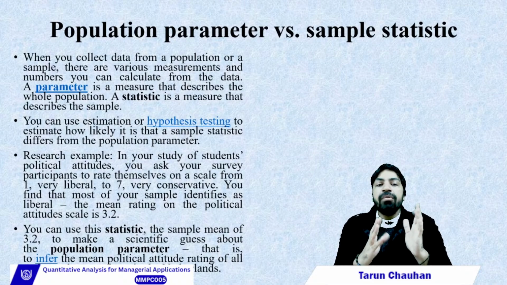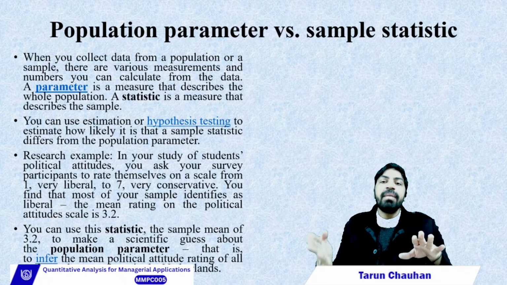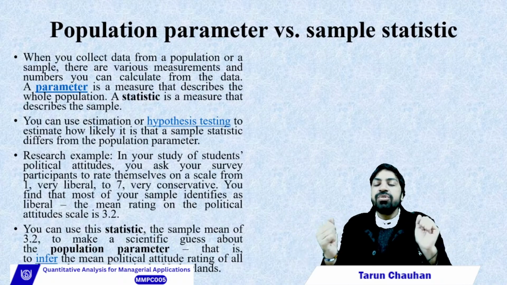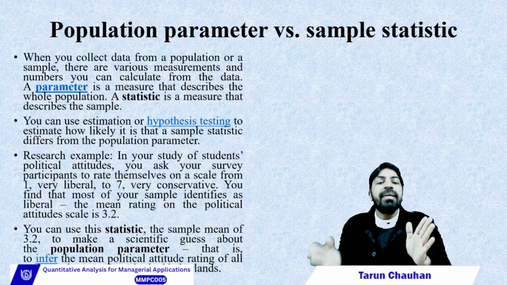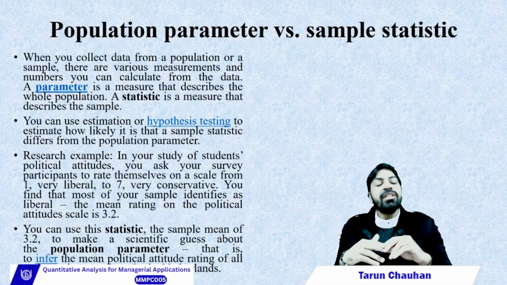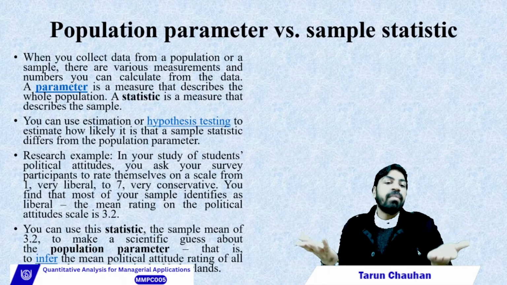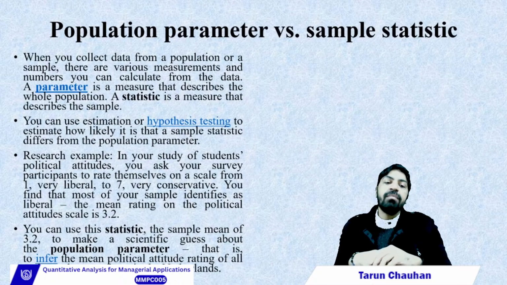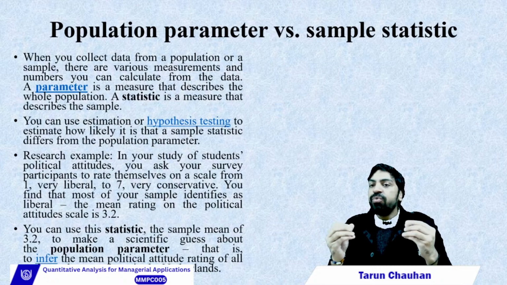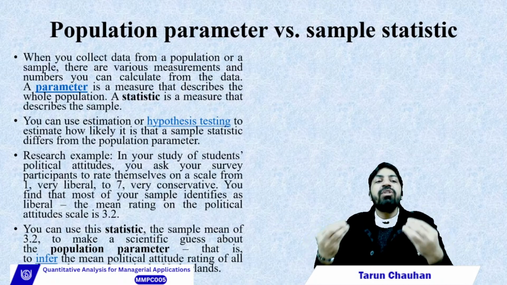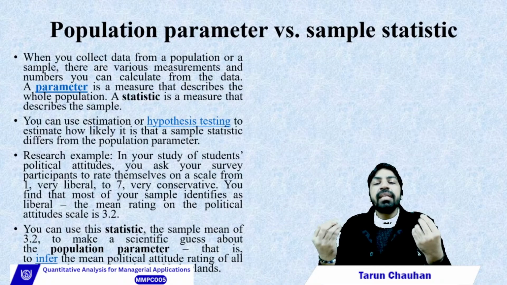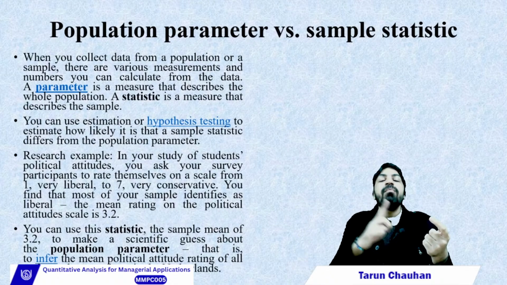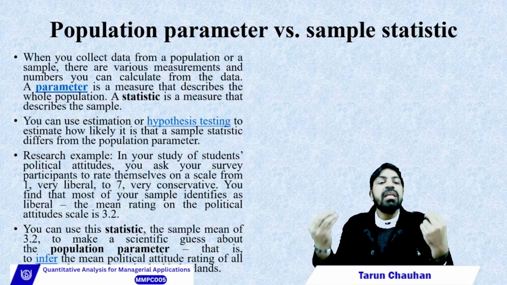So the mean we have estimated for the sample of university students becomes the sample statistic. This sample mean of 3.2 is a scientific guess about the population parameter, and it gives specific information about the whole population, that is, the university students.